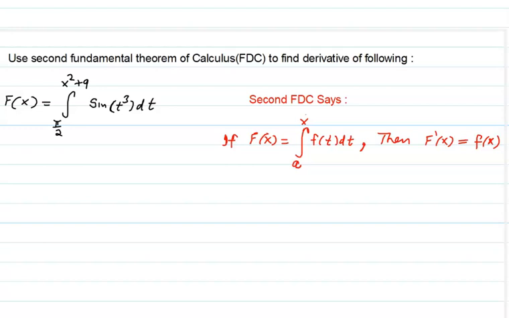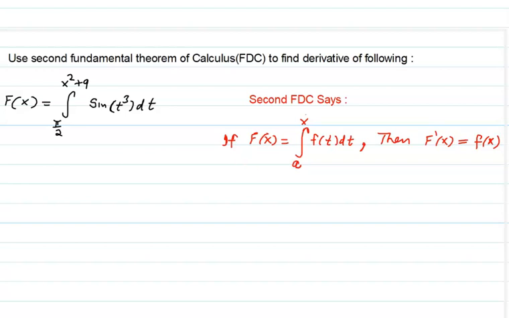Hello students, in this video we are going to learn how to find the derivative of a given integral function using the second fundamental theorem of calculus. So let's look at what the second FTC says.